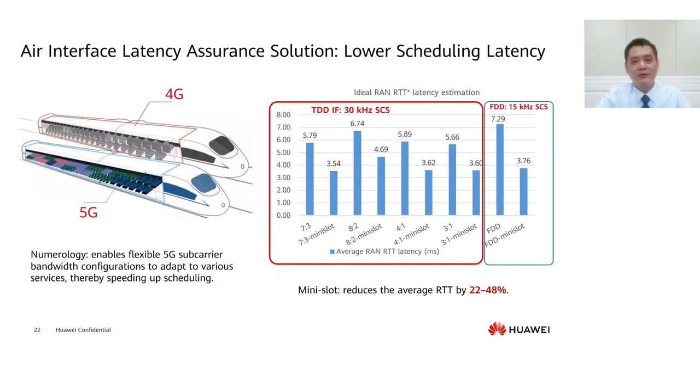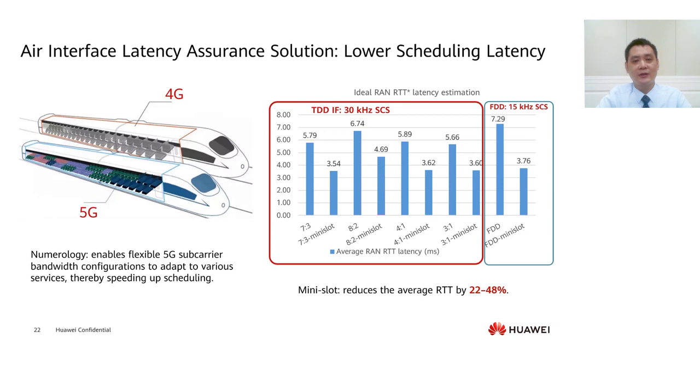In 4G, a fixed subcarrier spacing (SCS) of 15 kHz is adopted. In 5G, numerology is introduced to support different SCSs for services with various latency requirements. In this way, scheduling time is reduced.